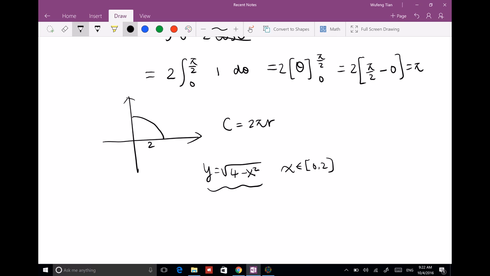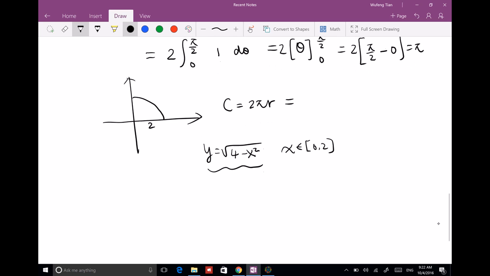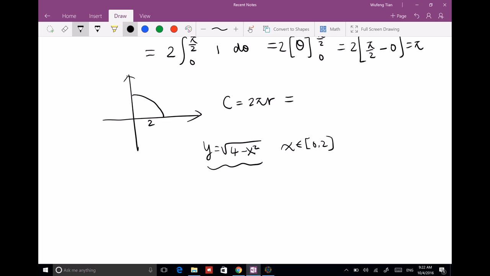So the circumference of a circle is 2 pi r, and the radius of this circle is 2. We plug 2 into the formula, so the circumference is, can anyone tell me? 4 pi, very good.